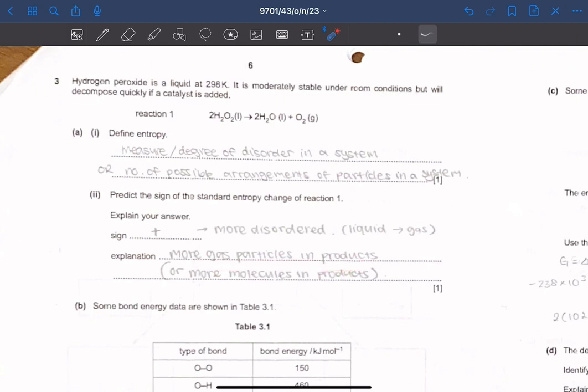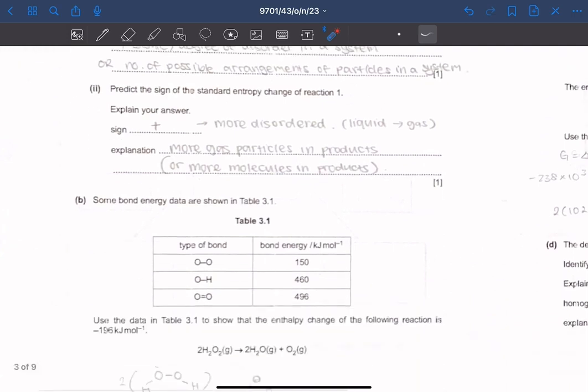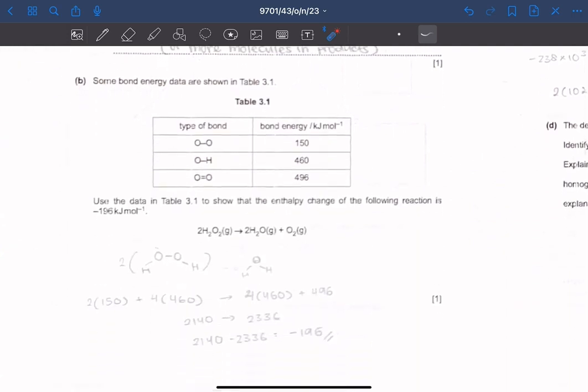Next question, B. Some bond energy data are shown in table 3.1, with type of bond O-O, O-H, and so on, stated in the table. Use the data in table 3.1 to show that the enthalpy change of the following reaction is negative 196 kJ per mole.